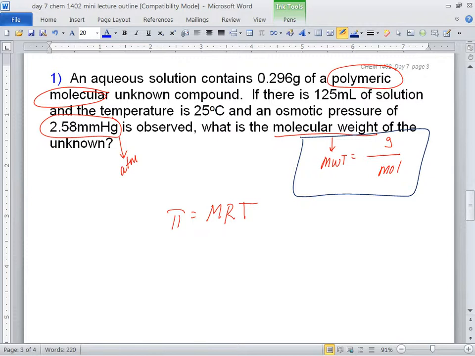So you're trying to find the molar mass of this stuff. And the molar mass is grams per mole. It gives you grams. How many grams? 0.296. You're halfway there.